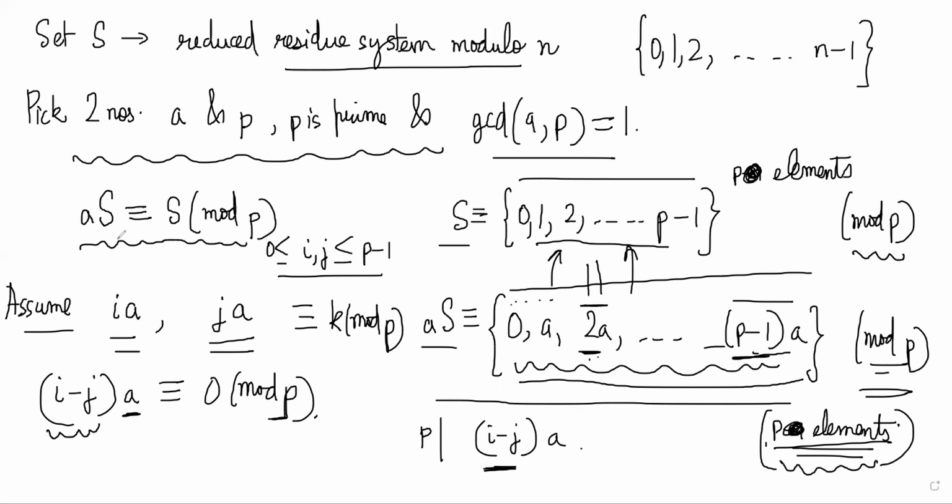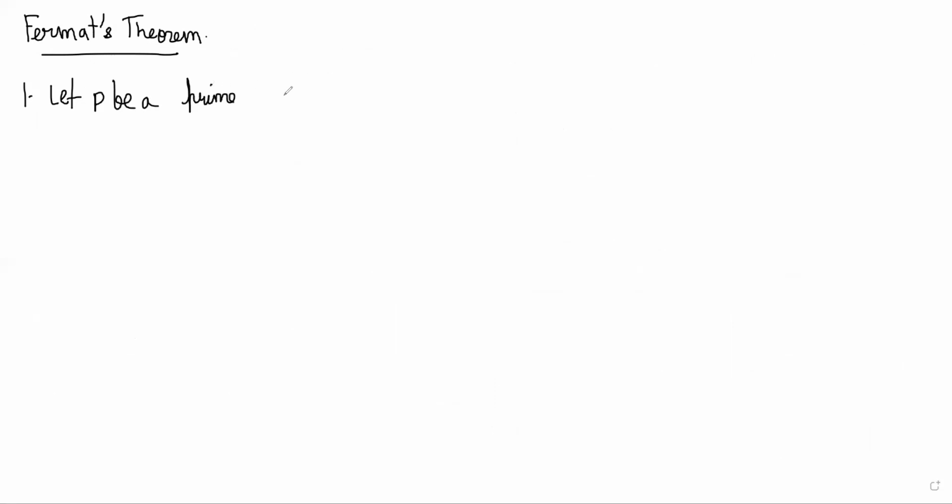Once we have the proof that AS is congruent to S mod P, we can now use it to get things like Fermat's theorem. For Fermat's theorem, what we will do is let P be a prime and consider S equal to the set 1, 2 till P minus 1.